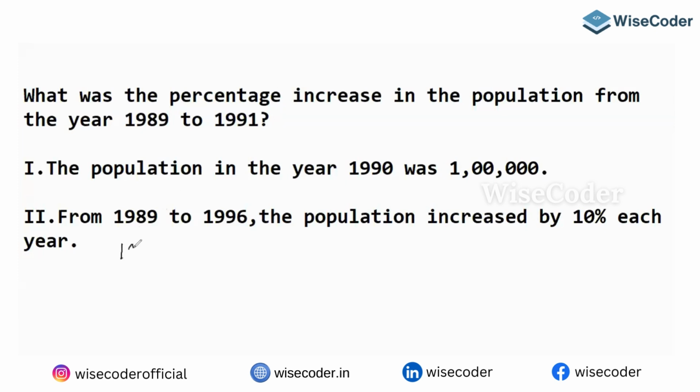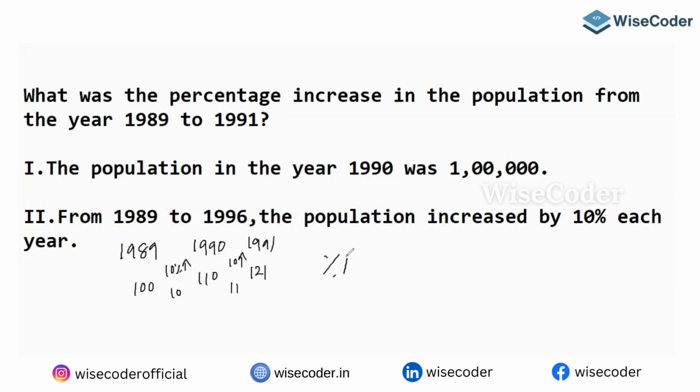Let's say in 1989 the population is 100. So in 1990, what is the population? 110, because there is a 10% raise. The 10% of 100 is 10. Again in 1991, there is a 10% raise, on which value? 110. That would give you 11. So 110 plus 11, 121.